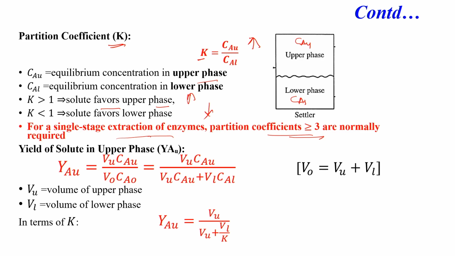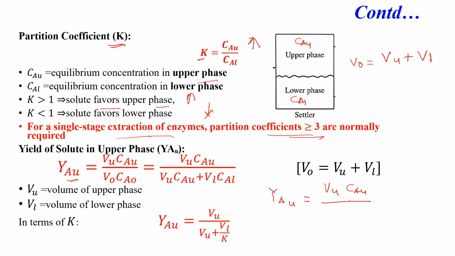Now, we assume the total volume was initially V naught, and now it is distributed as Vu, the upper phase, plus Vl, the lower phase. So, we can calculate the yield of solute in the upper phase, YAU. What is the volume in the upper phase? Vu. What is the concentration in the upper phase?